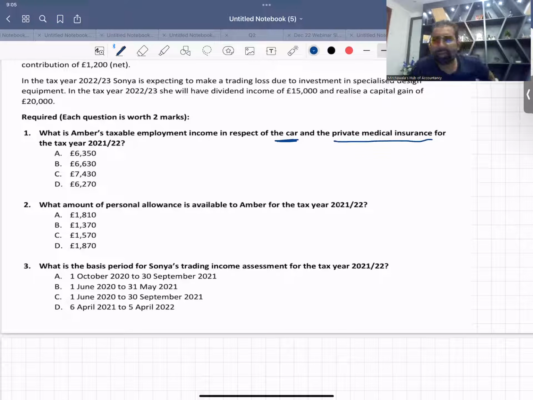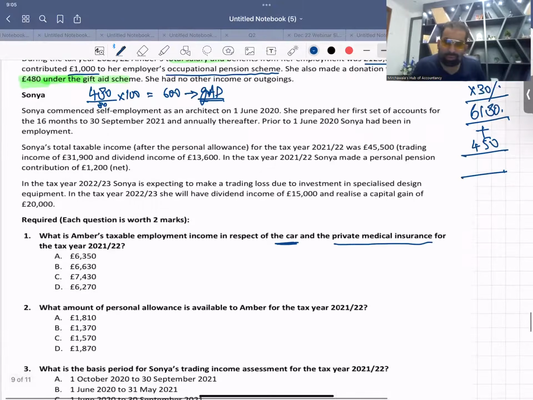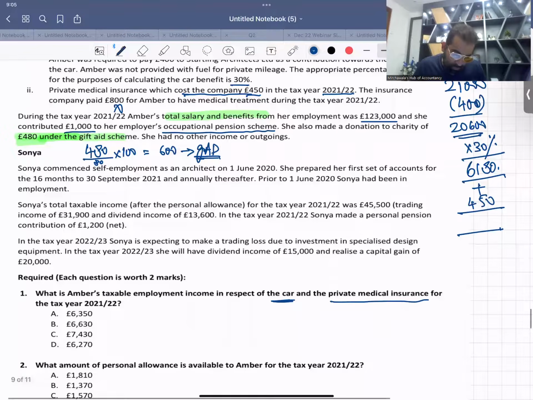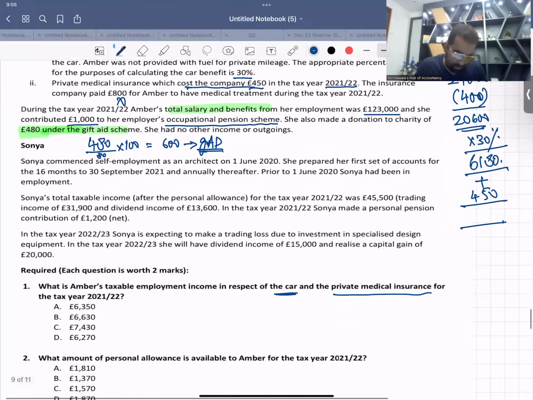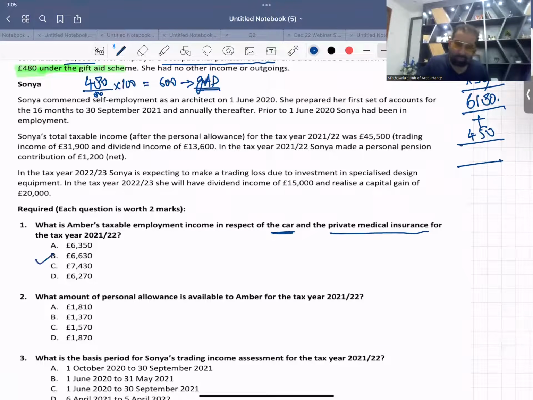Did we calculate these two benefits? 6180 plus 450 is how much? 6630. The answer is B for the first part.